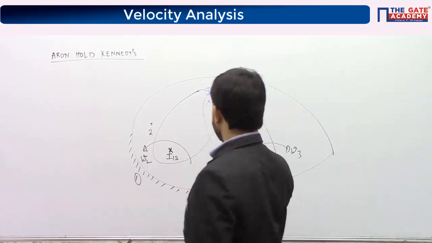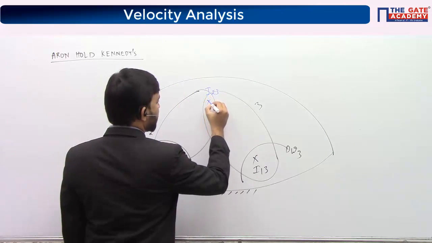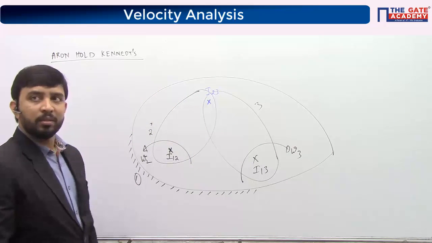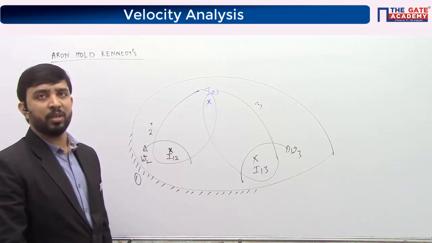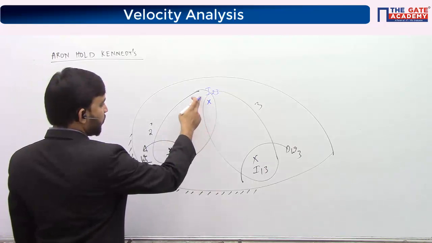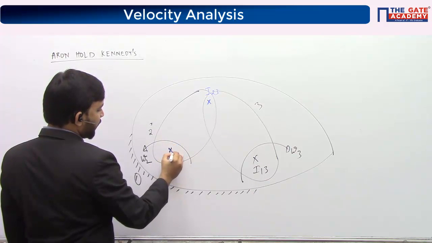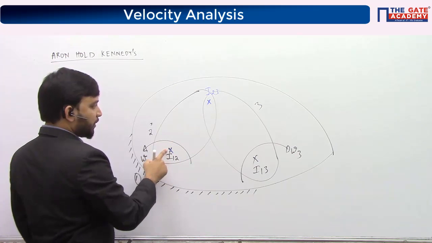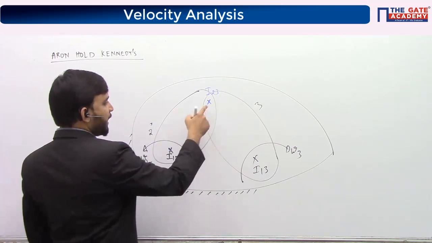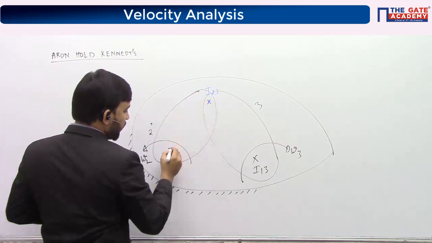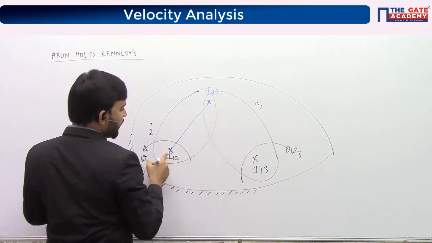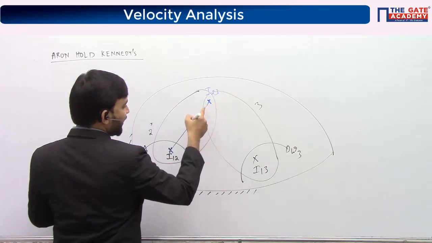Now see here, I'm considering this center I23, and I'm assuming I23 lies on body 2. So we'll see what happens if I23 lies on body 2. Body 2 is rotating with respect to the board about this center, and I23 is a point on this body. This is the radial line.